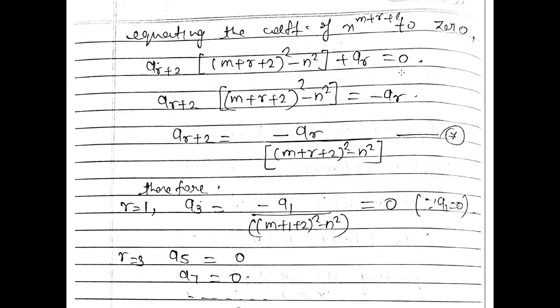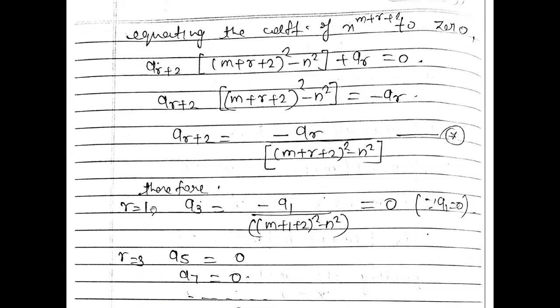That means if in any term x to the power m plus r is given, you will replace r by r plus 2. So a_(r plus 2) is equal to minus a_r upon ((m plus r plus 2) whole square minus n square). This is your star equation.